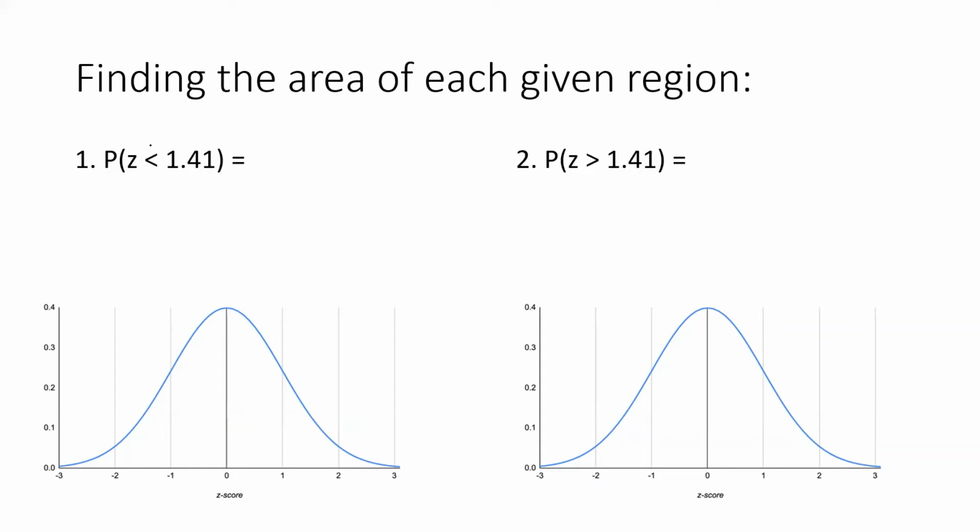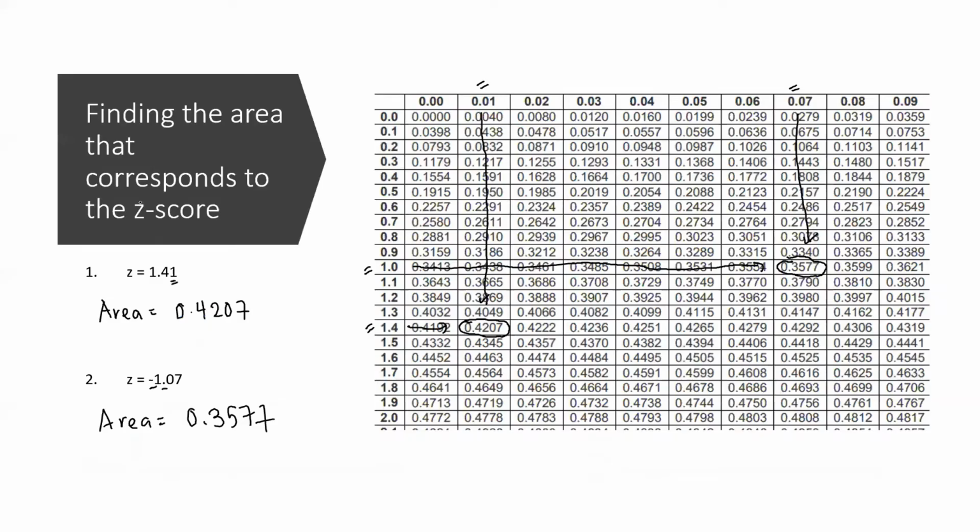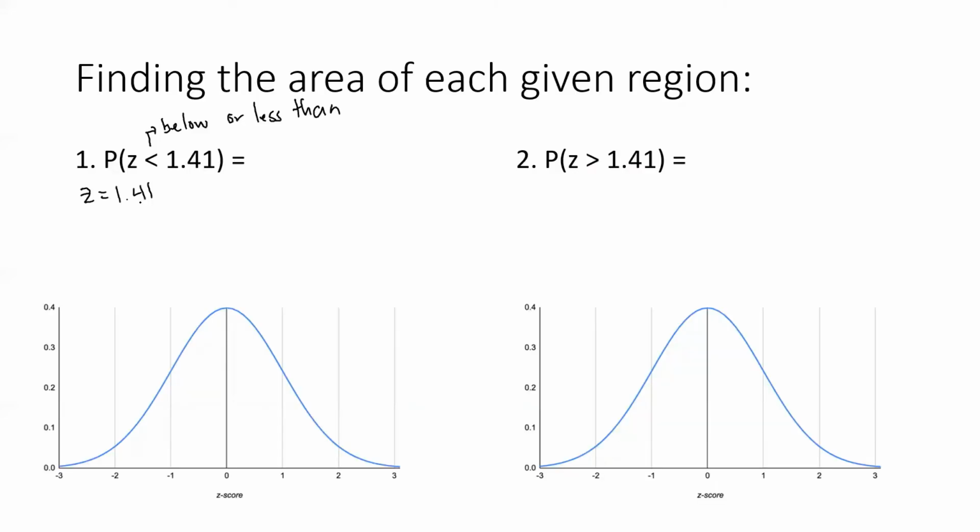So here we can say that it can be below or less than. First, what we need to do is find the area that corresponds to 1.41. So going back, using the z table from the previous example, we can say that our z, which is equal to 1.41, corresponds to the area of 0.4207.